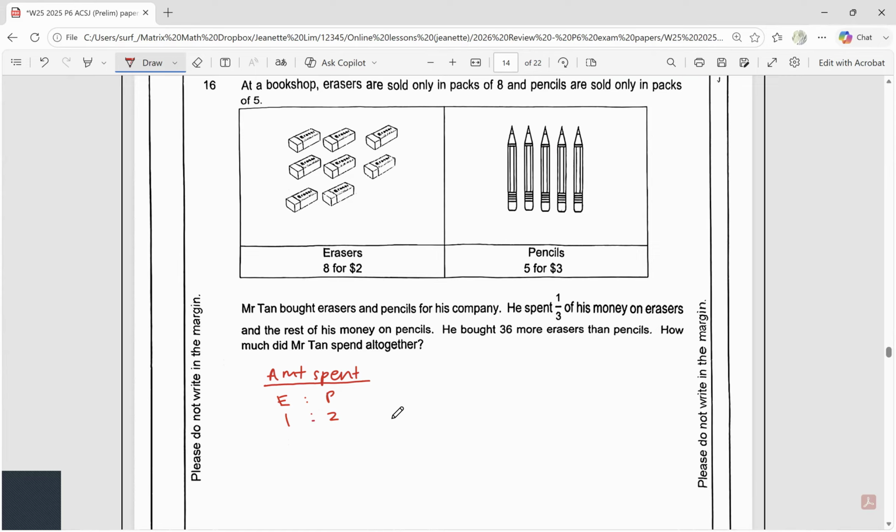This is the amount spent. Now, I know that the amount spent for erasers has to be a multiple of 2 because you can only get it in groups of 8 at $2 per group. So with that, I will try to make the erasers a multiple of 2. So times 2.